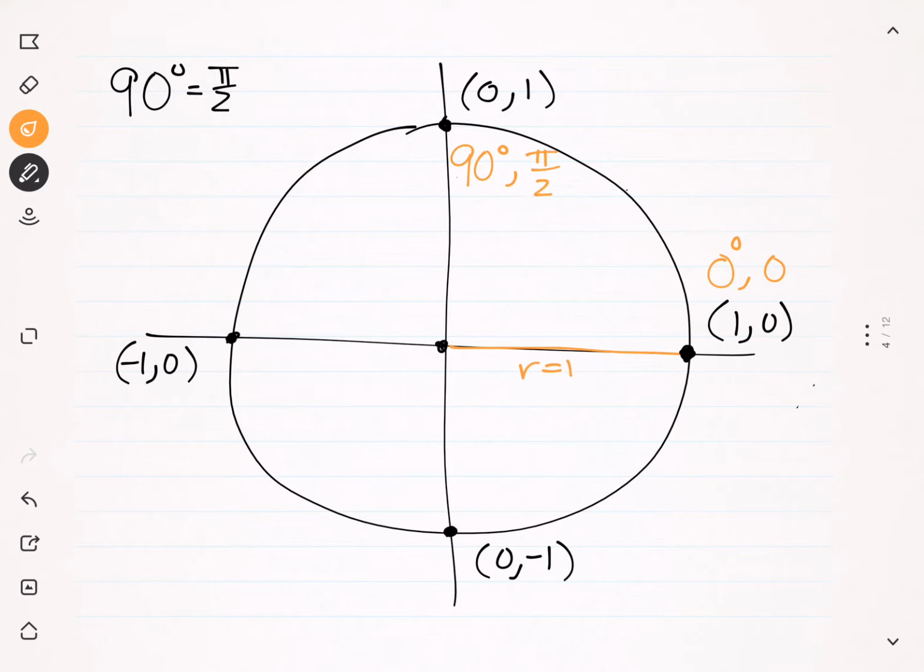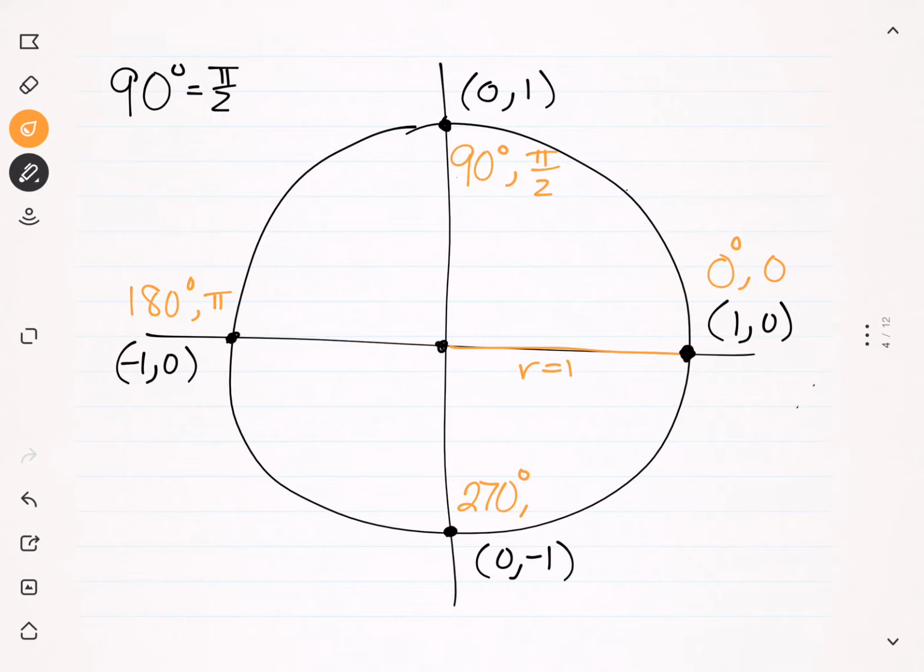Now 180, 90 goes into there twice, so you would double 90 to get to 180. That means you double pi over 2 radians, which would be the same thing as pi radians. You can think about it like 1/2 times 2 is 1. Now, if we're on the negative y-axis, we are at 270 degrees, and 90 goes into 270 3 times.